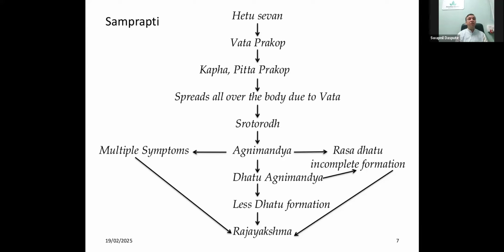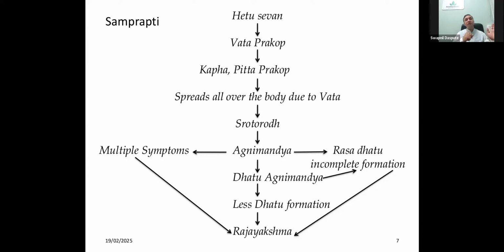Because of agni mandya, two things will happen. Multiple symptoms will be seen on one side, and on the other hand, what is happening? Because of the Jatharagni Mandya, there will be Agni Mandya at the Dhatu level also. So Dhatu Agni also is depleted.